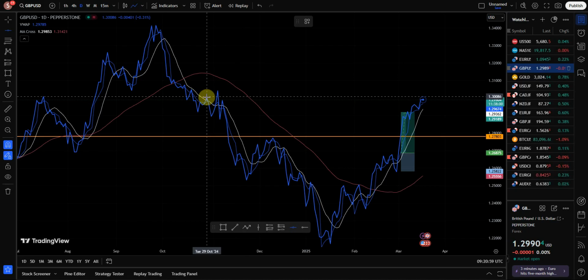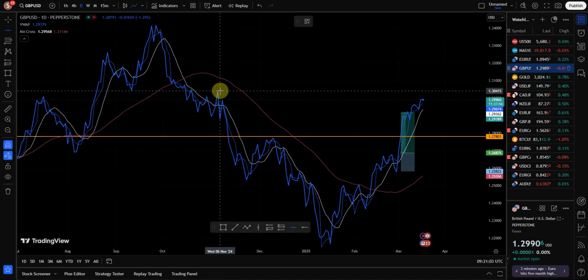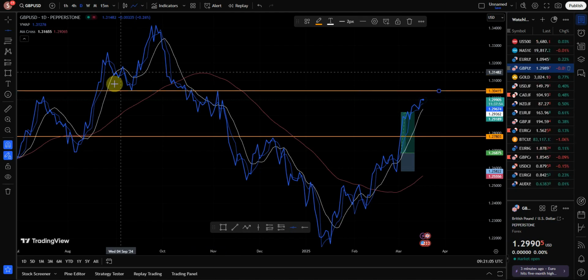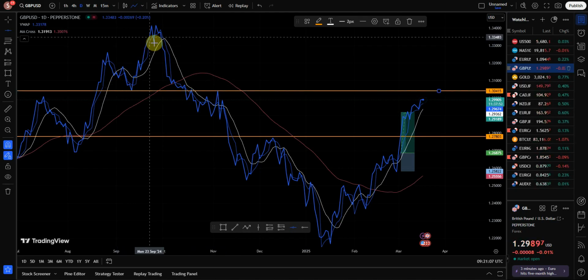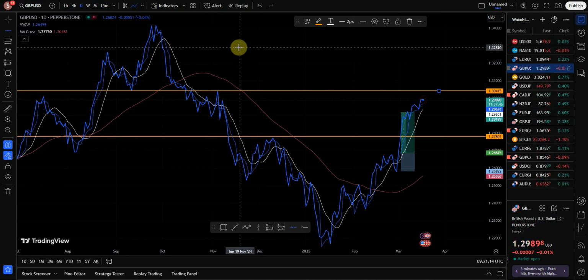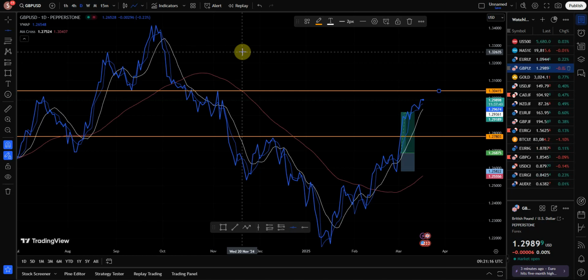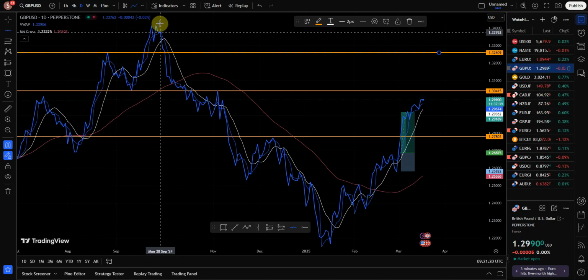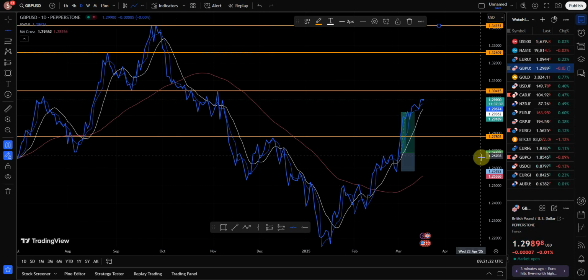Let's use this one. So you see price came here, reacted, and then the same thing here. This rally started from here, so let's use that level, and then we can go higher. Now I'm bringing this level into consideration, and then there.